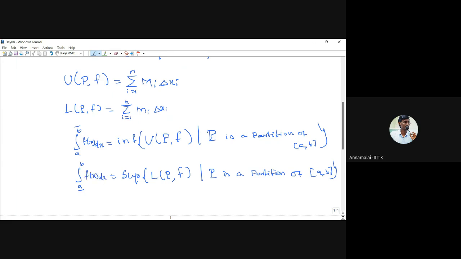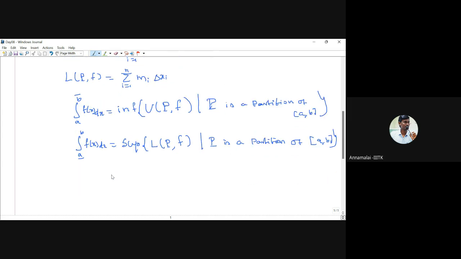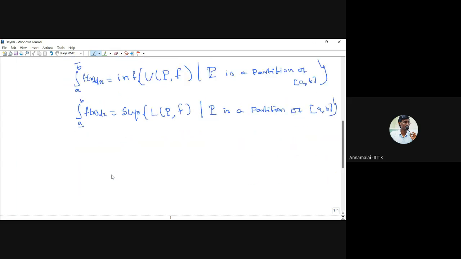Okay. Now, if both exist and both are equal, then we say f is integrable, and we define the common value: the integral from a to b of f of x dx is nothing but the lower integral, equal to the upper integral.